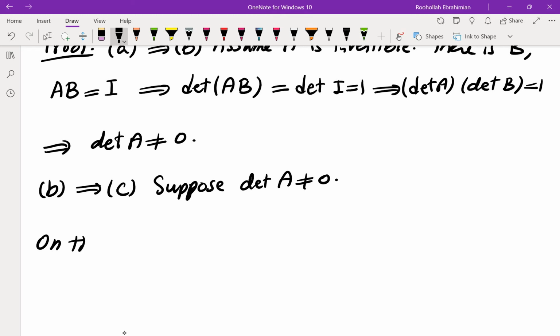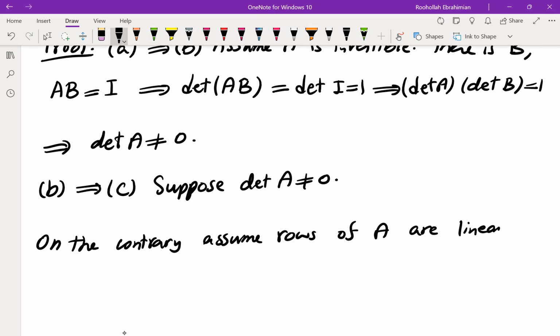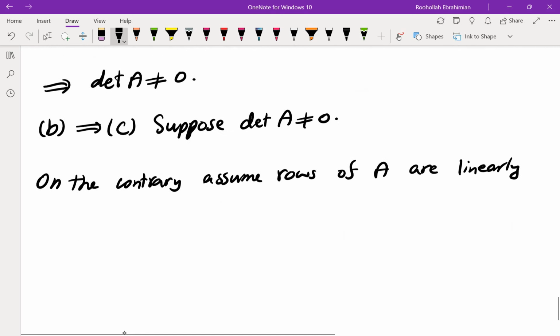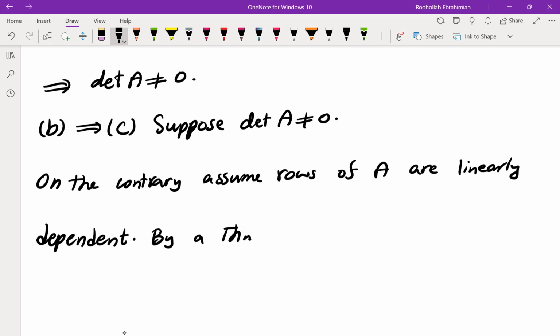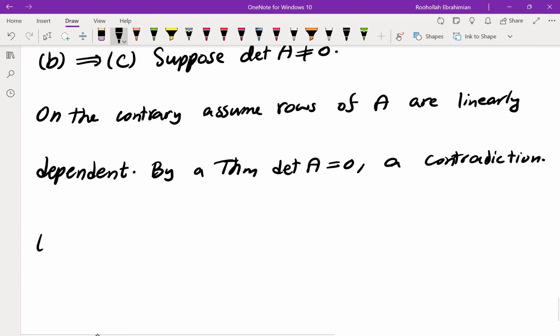On the contrary, assume the rows of A are linearly dependent. We had seen before that the determinant would have to be 0, which is a contradiction. So that really immediately follows from what we had seen before.